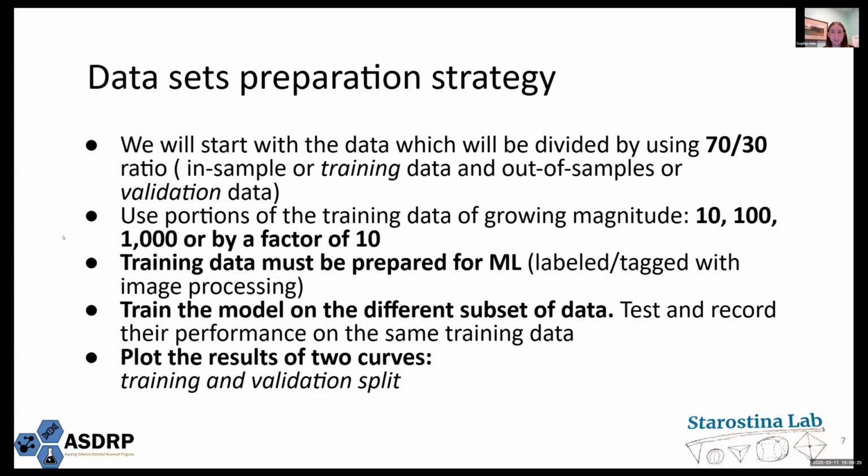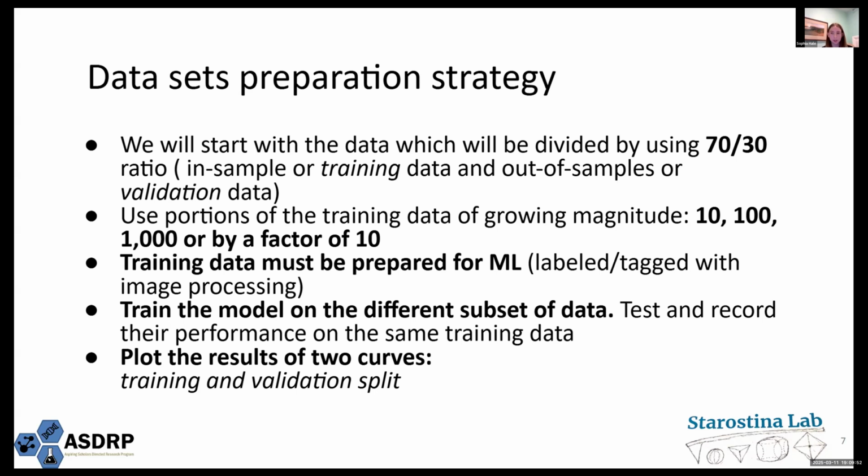For preparing our data sets, we are planning to start with dividing our data by using the 70-30 ratio, one of the industry standards, for our in-sample/training data and our out-of-sample/validation data. For our training data, we plan to use proportions of training data of growing magnitude, such as 10, 100, 1000, or by a factor of 10.